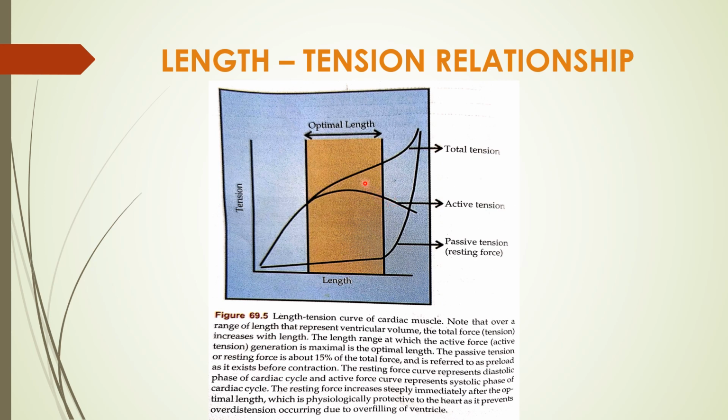If you see in this curve, the total tension developed increases with the length. The passive tension, or resting force, is only 15% of the total force, and it is referred to as preload because it exists before contraction.